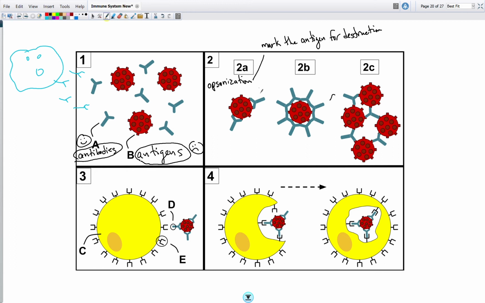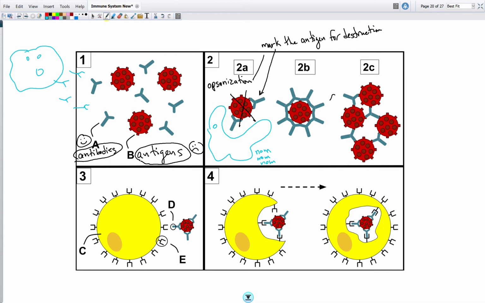And so these antibodies here are marking this antigen to be destroyed. What's going to destroy it? Well, a white blood cell is going to come in and it's going to do phagocytosis. Nom, nom, nom. Eat it up.